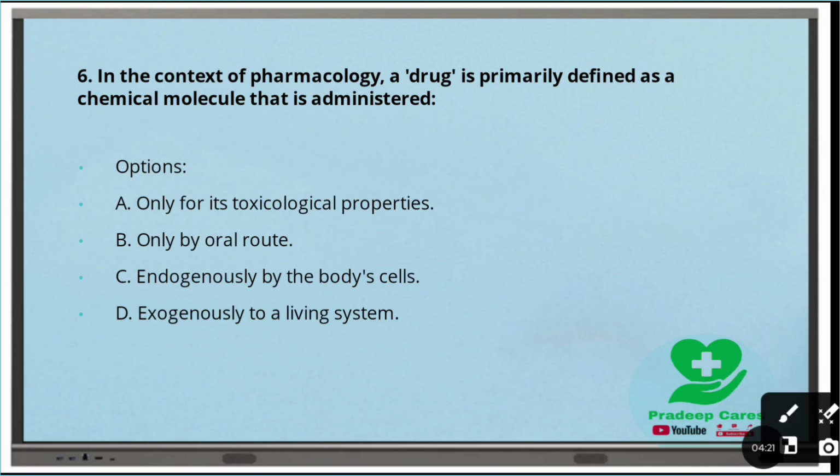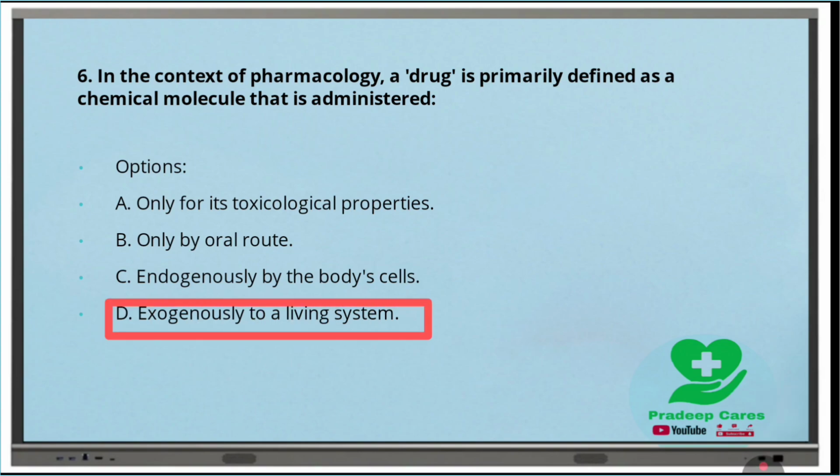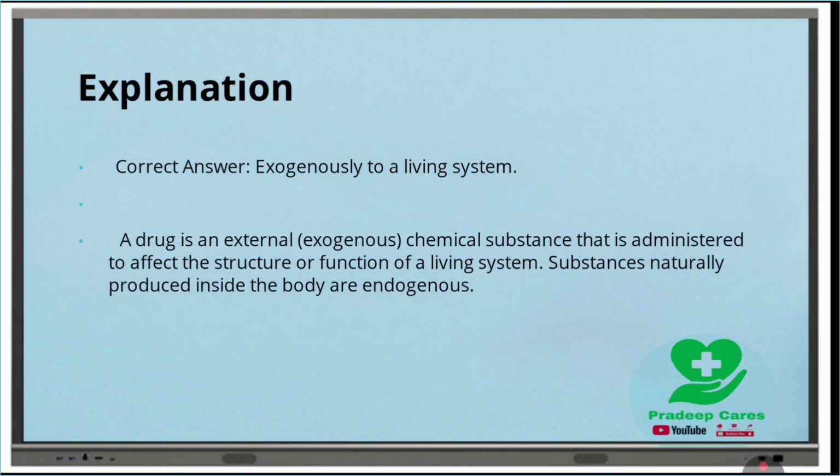And the correct answer is option number D exogenously to a living system. Explanation. A drug is an external, exogenous chemical substance that is administered to affect the structure or function of a living system. Substances naturally produced inside the body are endogenous.